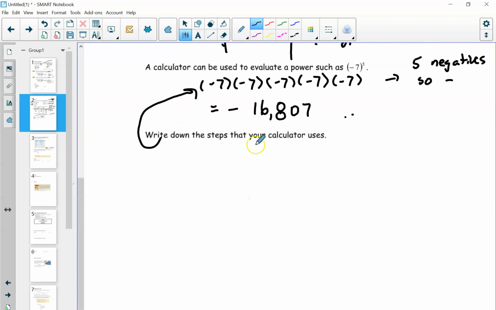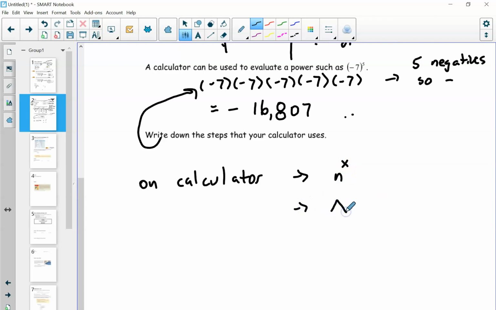Again, if your calculator has a button where you can do exponents, you're welcome to use that. Every calculator looks different when you're looking at exponents. Sometimes it'll look like n to the power of x on your calculator.